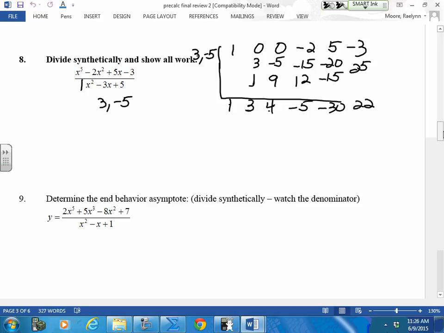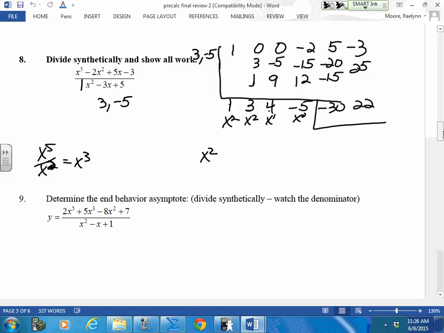Now, real simple to figure out where you start. x^5 over x^2. What's my x going to have as an exponent? x^5 over x^2 gives me x cubed, right? This is my x cubed, my x squared, my x^1, my x^0. This is my remainder.